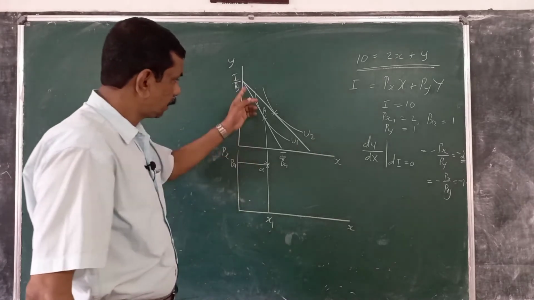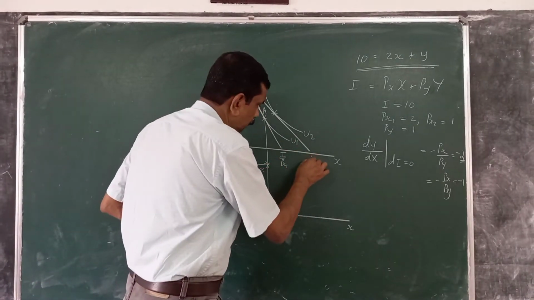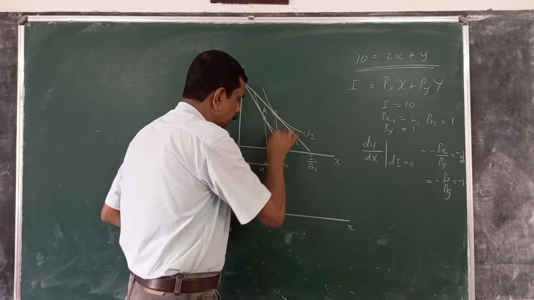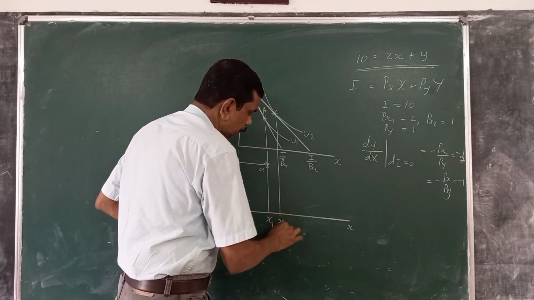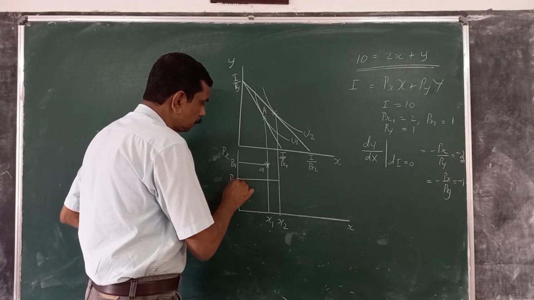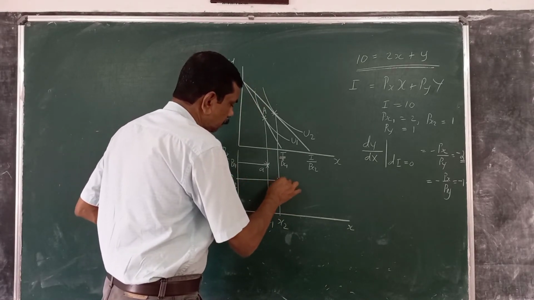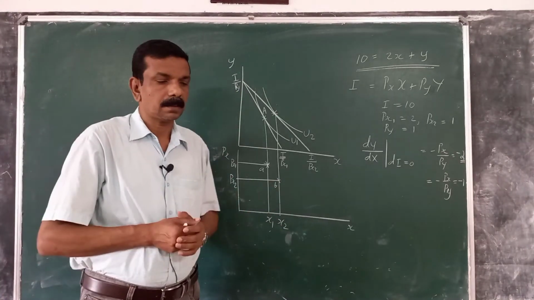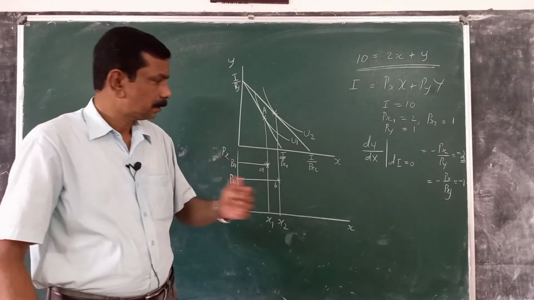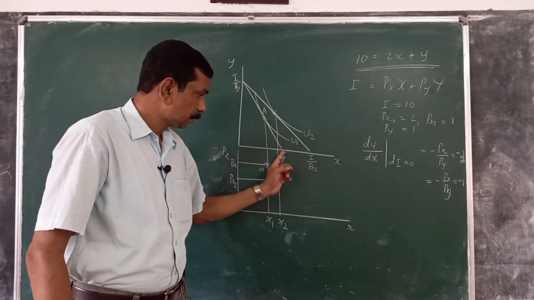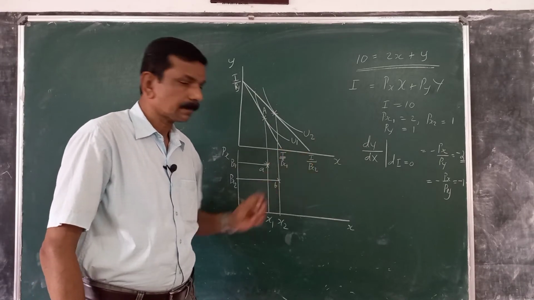The budget line tilts outward, or rotates along the x-axis, and the new equilibrium point is again defined as tangency between the new budget line and the indifference curve. The intercept is I by Px2, and this is x2 when the price decreases to Px2, at a new point P. In terms of the numerical example, this is 10, this is 0.5, this is 10.